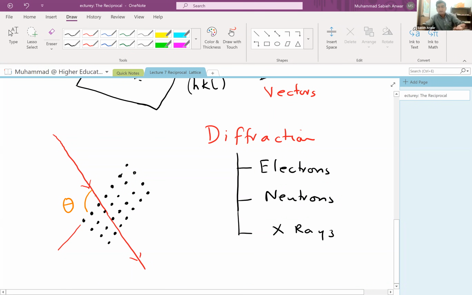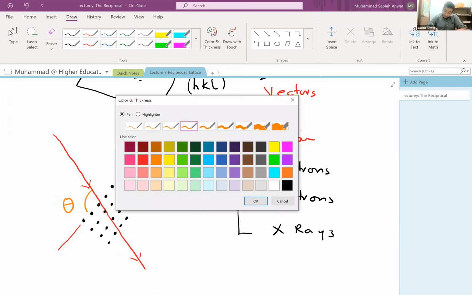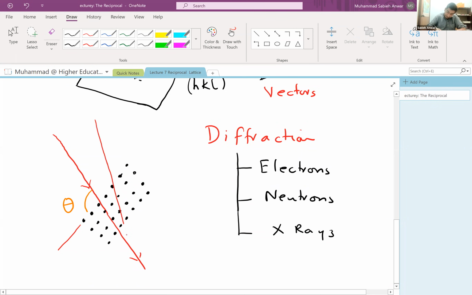Now this is empirical evidence. This is what really happens in an experiment. Now what I would like to do is change the orientation of the X-ray beam. There are two approaches for doing this. One approach is either changing the orientation of the X-ray beam or rotating the crystal itself, and the latter is more common.